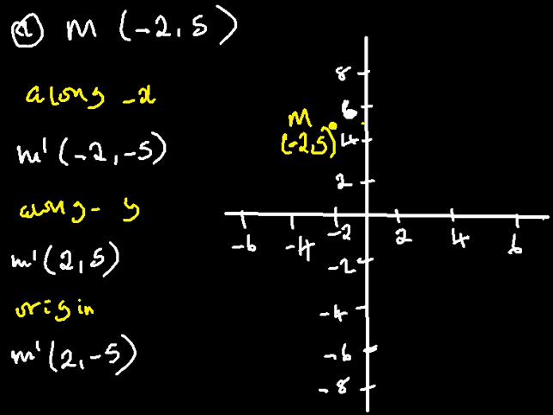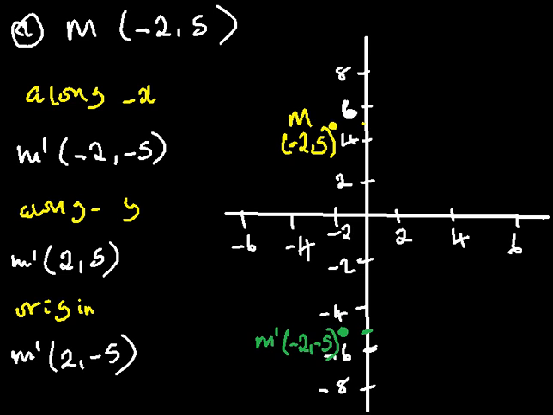Where is that point? This is where the -5 is, so in this case we are here. This is the image of point M, (-2, -5).